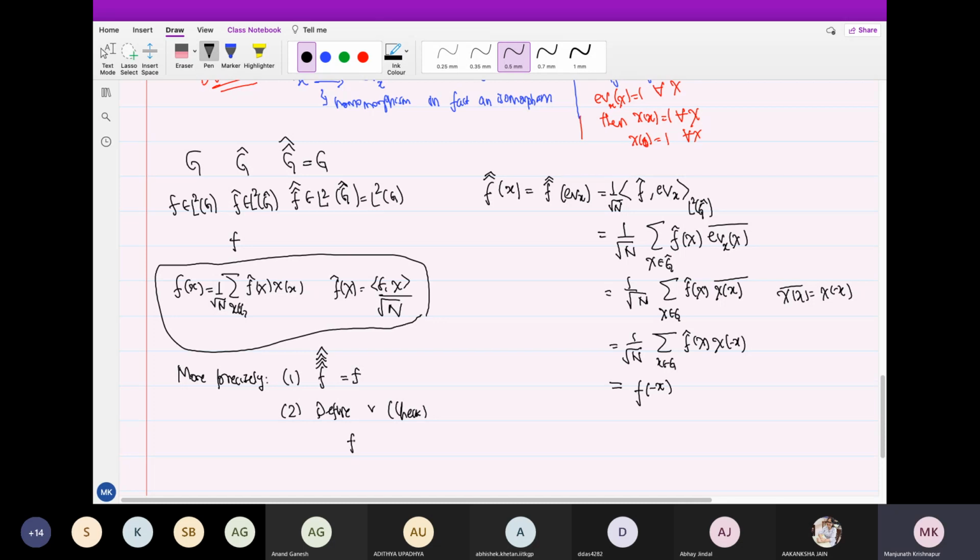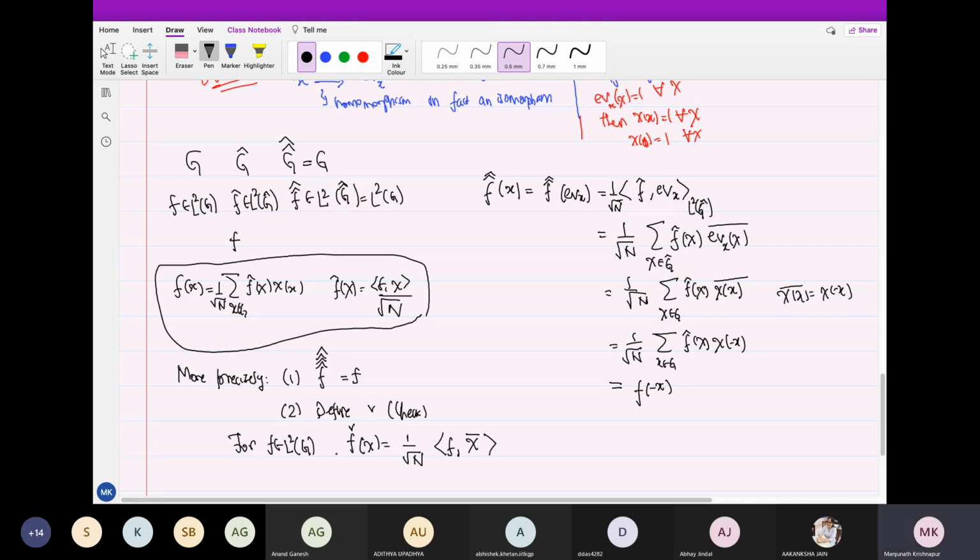How is check defined? For f in L2 of G, f check of chi is defined as, what is it defined as? 1 by square root n, f inner product, I think chi bar.